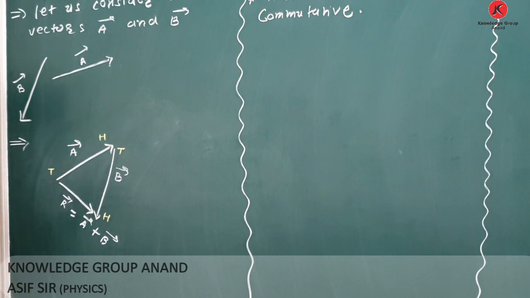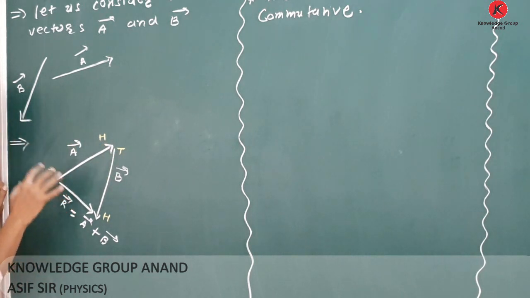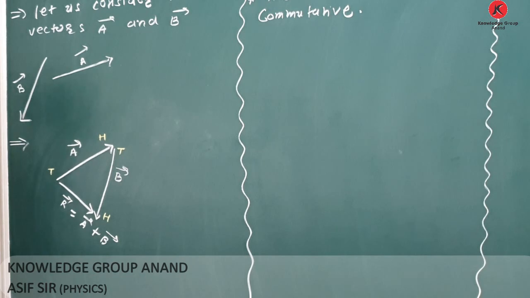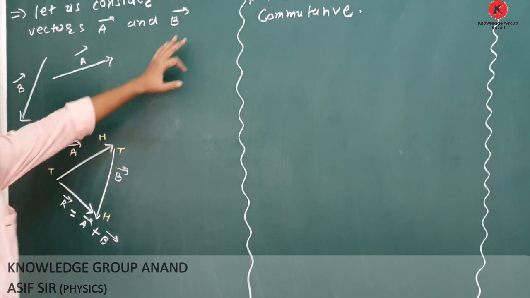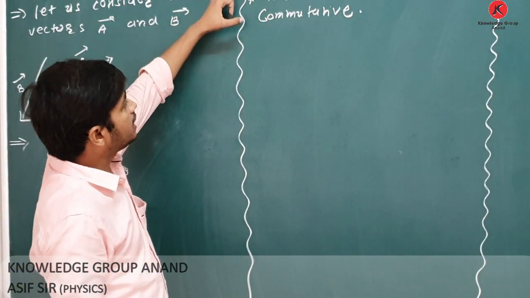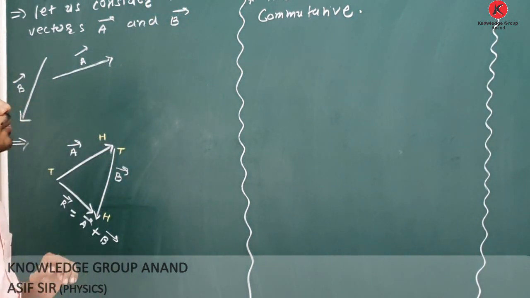Clear about this? Yes. These two vectors A and B are added and the resultant is R and they are forming one triangle. So this method is also called triangle method. Clear about this? Okay. So it is called head to tail method or triangle method.